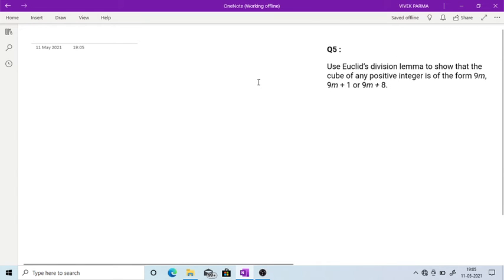So we have a question on the screen. This is another proof, right? Use Euclid's division lemma to show that the cube of any positive integer is of the form 9m, 9m plus 1, 9m plus 8. So again, let a be any positive integer.